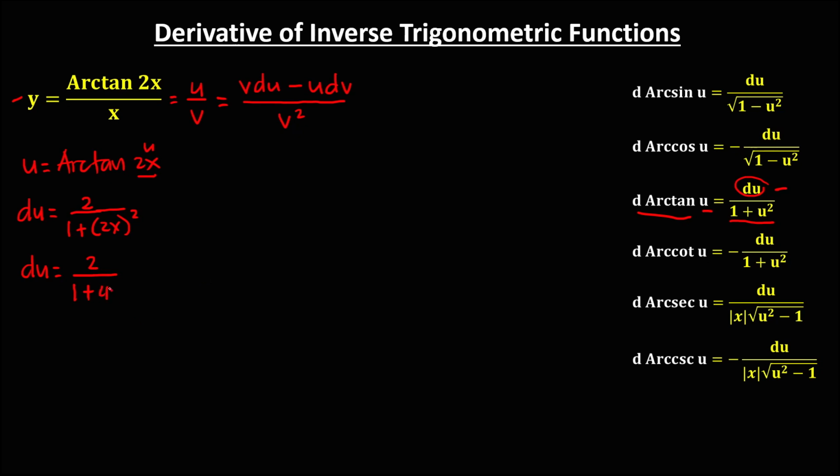So du equals 2 over 1 plus 4x squared. Then v is x, and the derivative of x is 1.